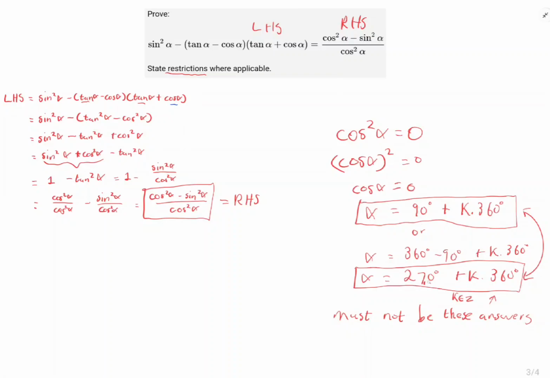The angle must not be 90 and 270 and other corresponding angles as you keep on adding 360 degrees.